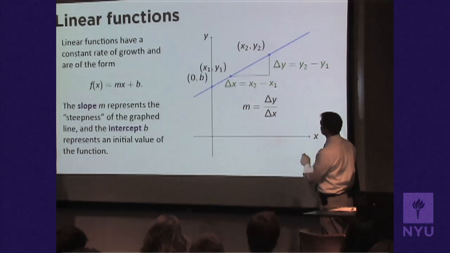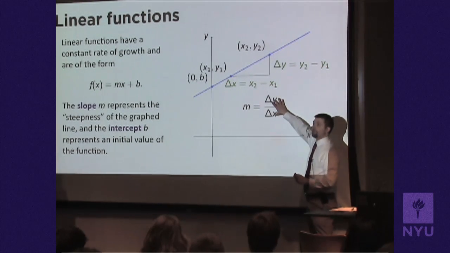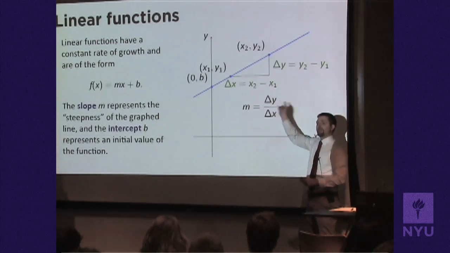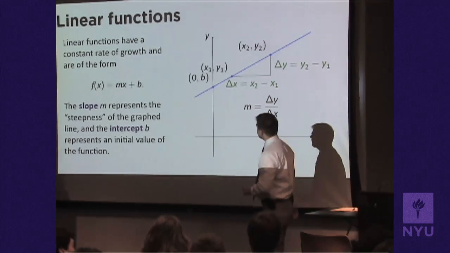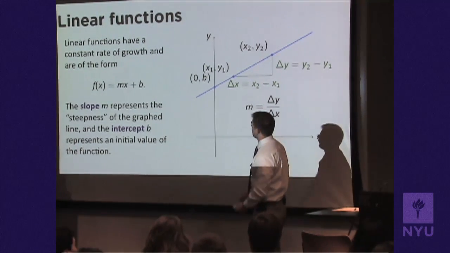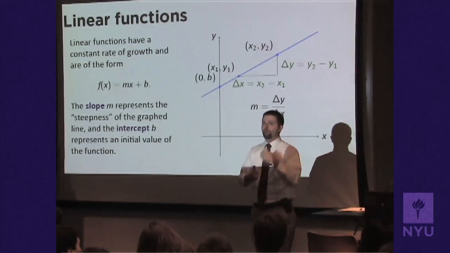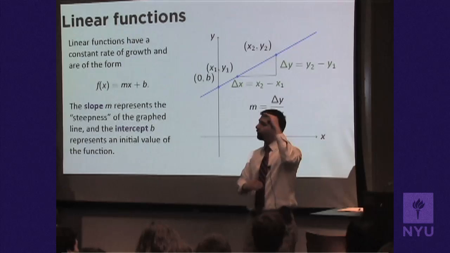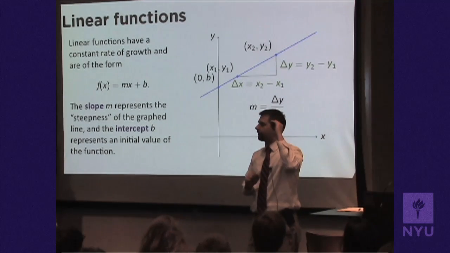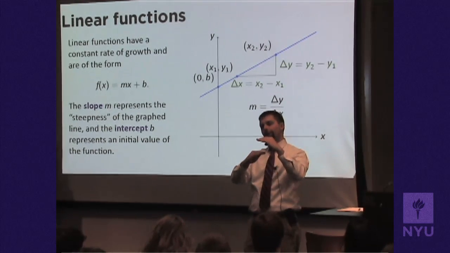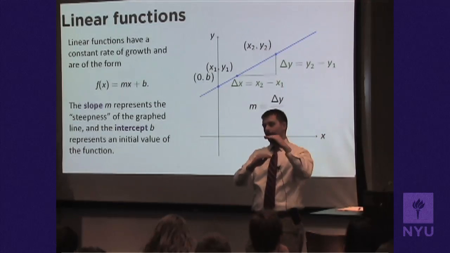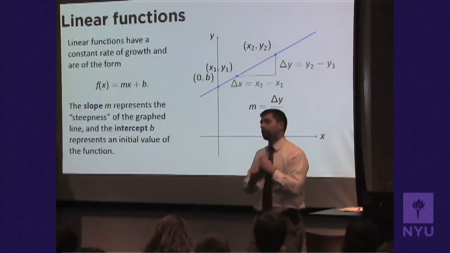Delta x is the difference in x. And the ratio of delta y divided by delta x, that's the slope of the line. Okay. So slope measures the steepness of the line. If the slope is very large, you have a large change in y for a given change in x. If the slope is very small but positive, then it's very shallow, not much change in y for a given change in x.